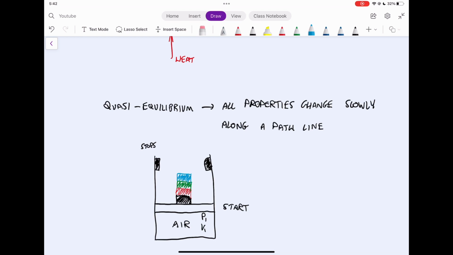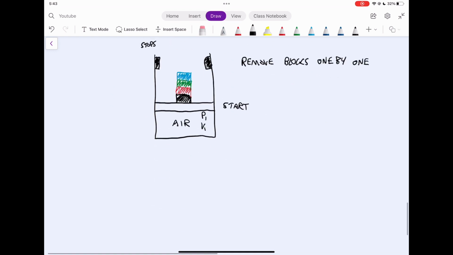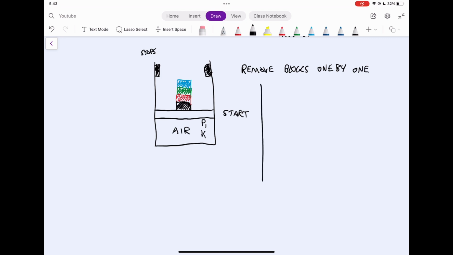And we have these 4 blocks, and what we can say is, let's record our pressure and volume when we have these 4 blocks, and instead of removing the 4 blocks all at once, which would change the pressure and volume a lot, what if we decided to remove the blocks one by one?